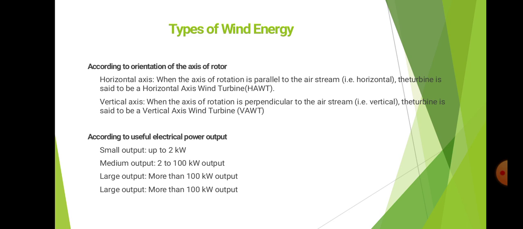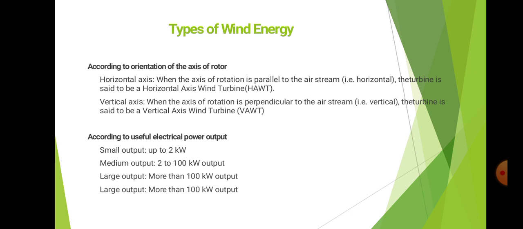Then, types of wind turbines. According to the orientation of the axis of the rotor, and according to useful electrical power output, they can be classified into types. First one, horizontal axis.